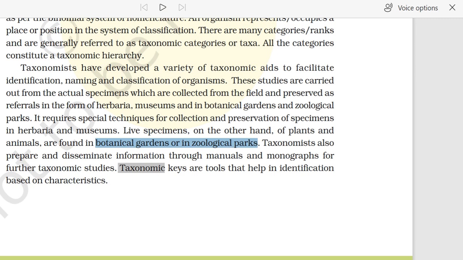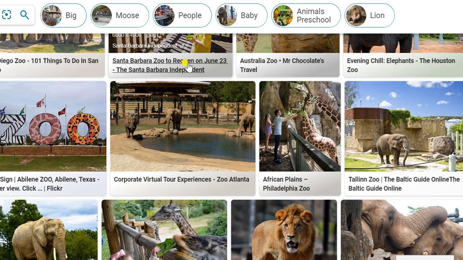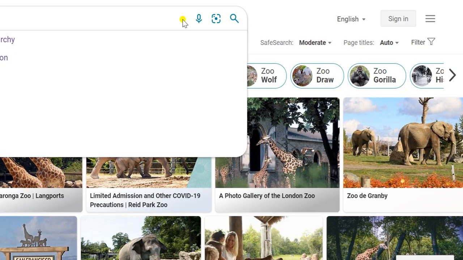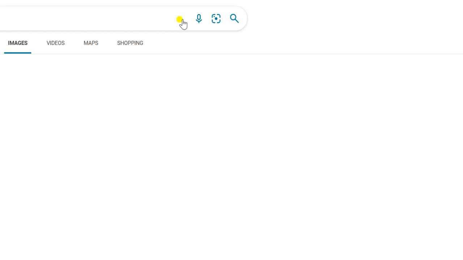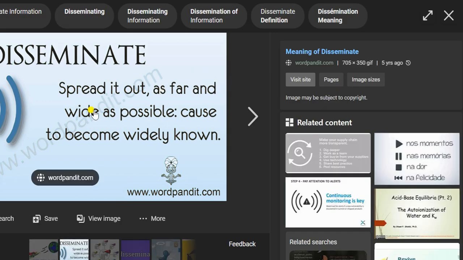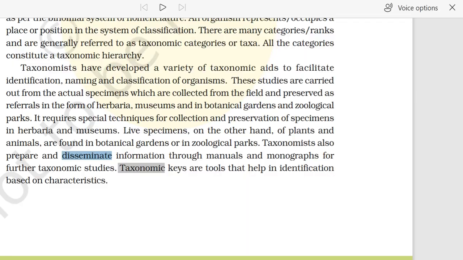It means to spread out, to spread information as far and as widely as possible. So they prepare and disseminate information through manuals and monographs.